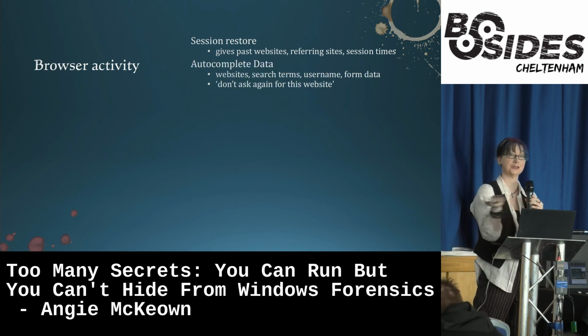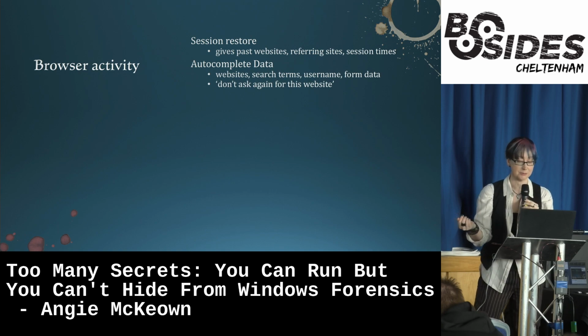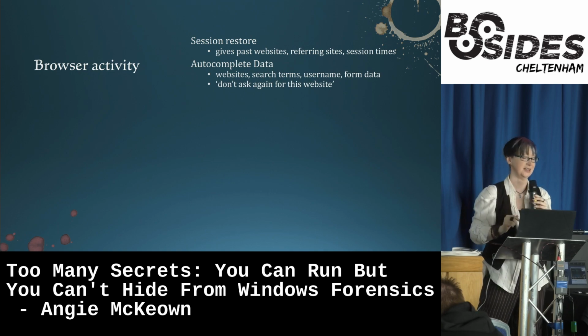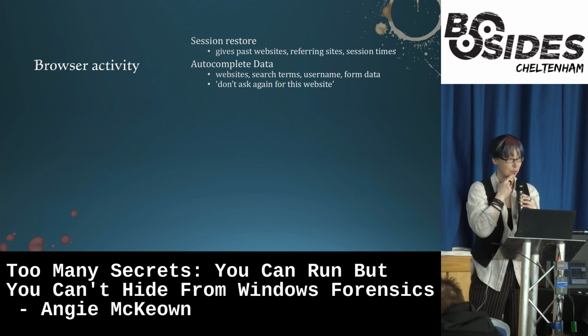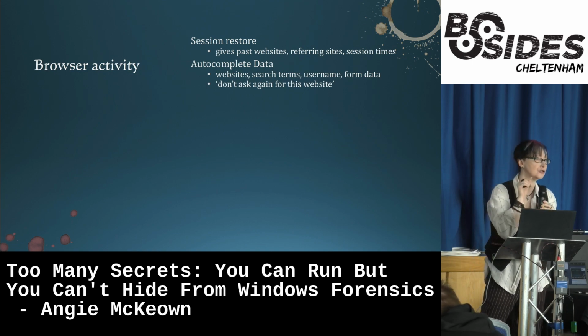We also mostly know about autocomplete data. So autocomplete obviously stores websites and search terms and usernames and form data. And here's a sneaky thing. If you think you'll avoid it by never using autocomplete and you choose don't ask again for this website on the little pop-up, well, how is it going to remember not to ask you again?